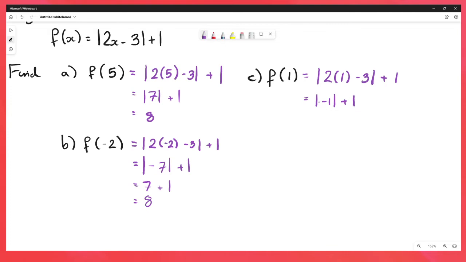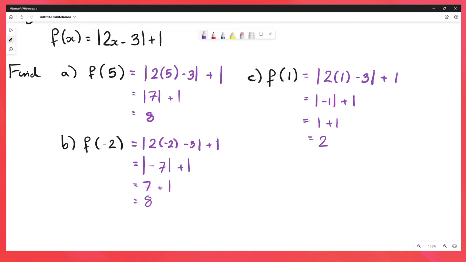See how I've written my 1 here slightly smaller, so it makes it clearly different from the modulus signs. It's just being careful with your layout, but generally the examiner will know the context of the question, will know what you're doing. Modulus of -1 is 1. So f of 1 comes out as 2.